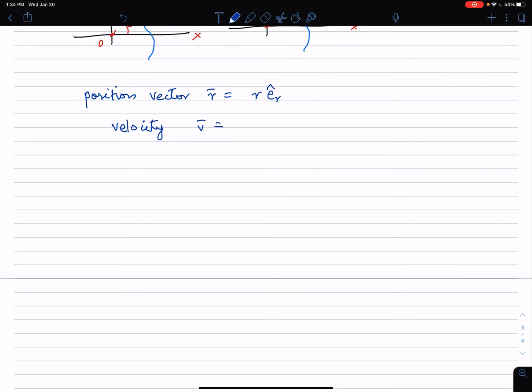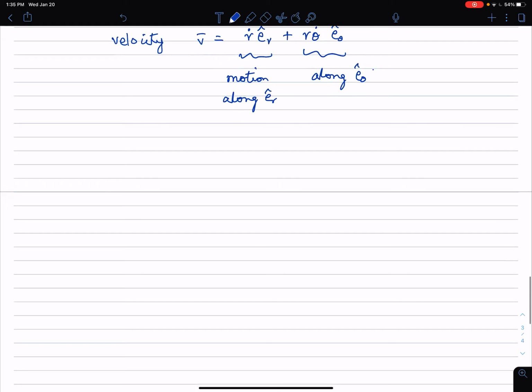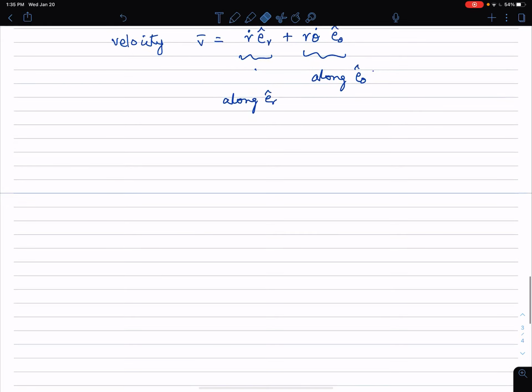So v has two terms. It can have r dot e_r and then r theta dot e_theta, okay? So this is motion along e_r. This is motion along e_theta. When we say motion, we really mean velocity along.